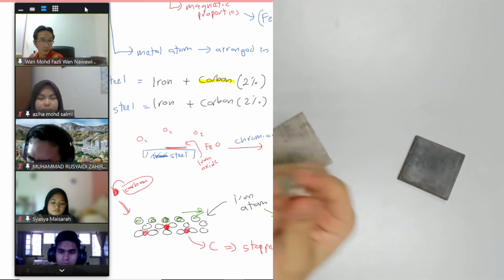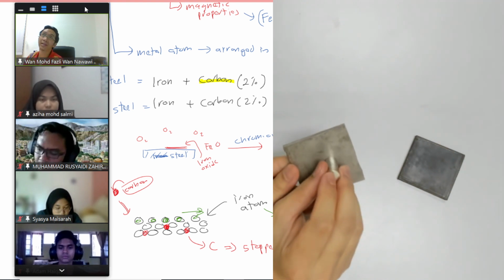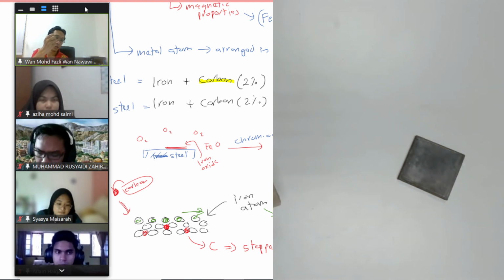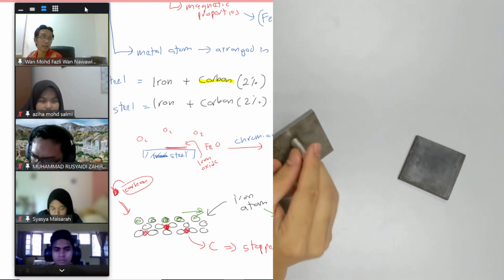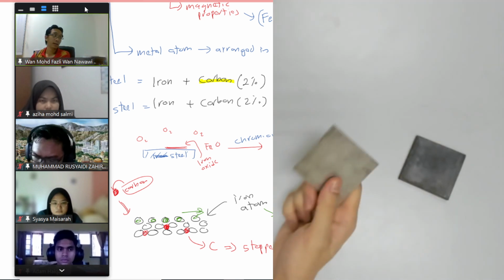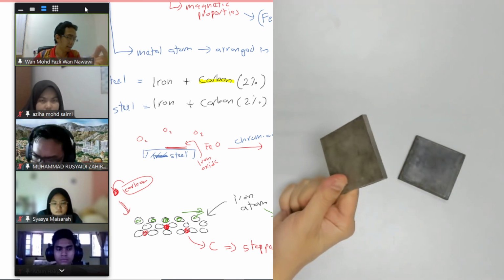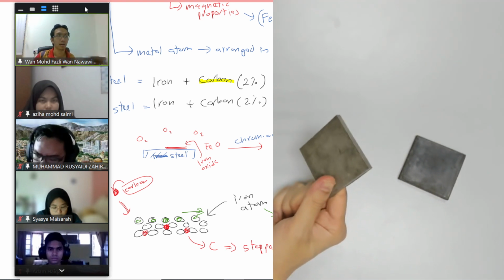If you do it physically, you can feel the force when you use a magnet, but it's not so strong. Because stainless steel can be made magnetic or non-magnetic, we will learn that later.